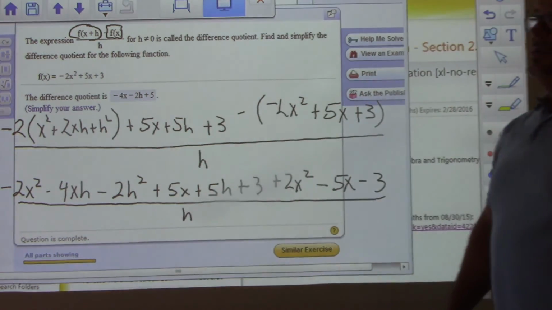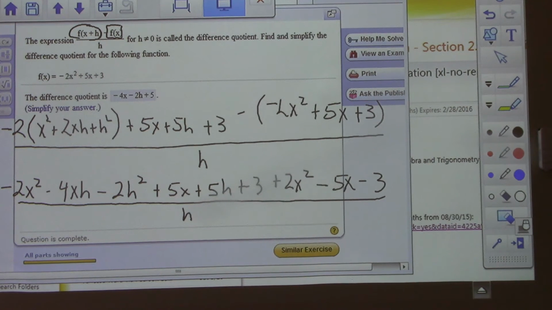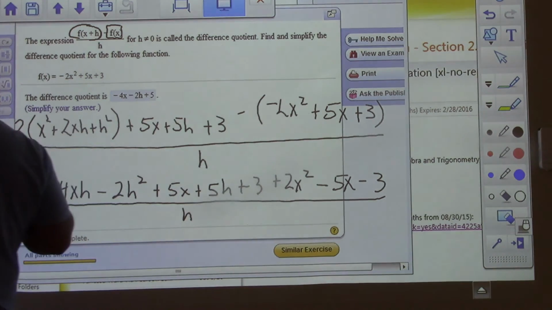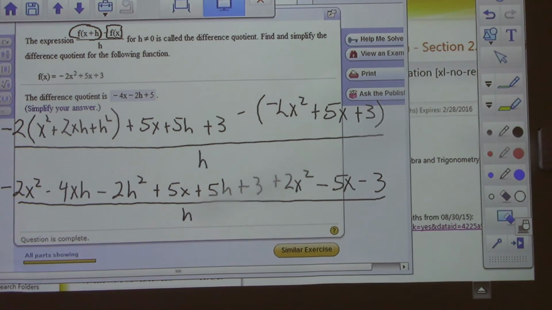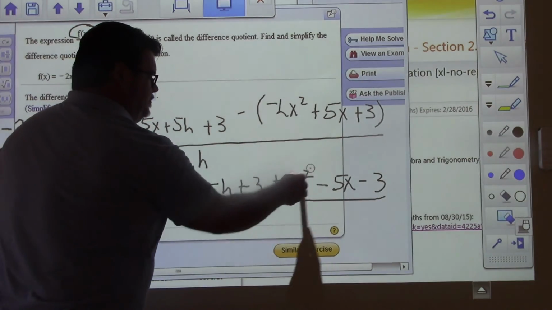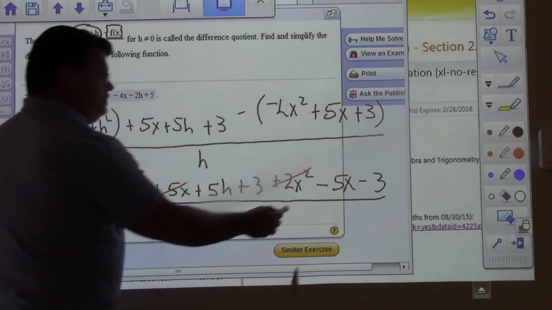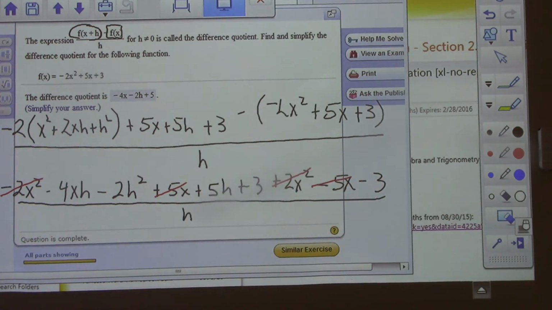Now, what's going to happen is all of your x squared terms are pretty much going to cancel. This 2x squared, does anything match 2x squared? Well, that negative 2x squared is canceled by that positive 2x squared. And 5x is canceled out by what? Negative 5x. So all that's left is your h terms and your constant terms.